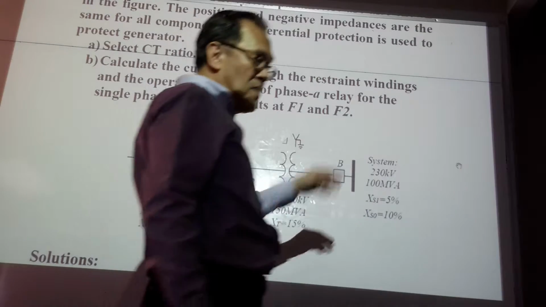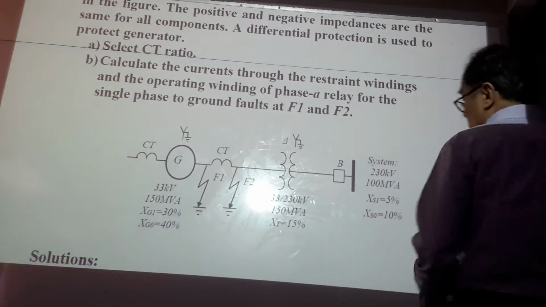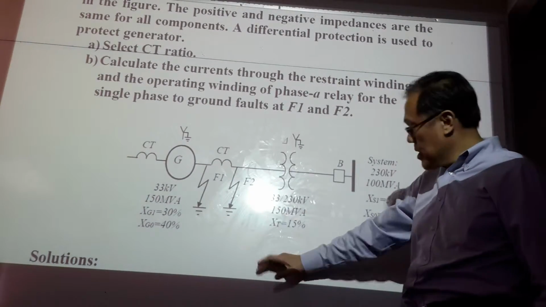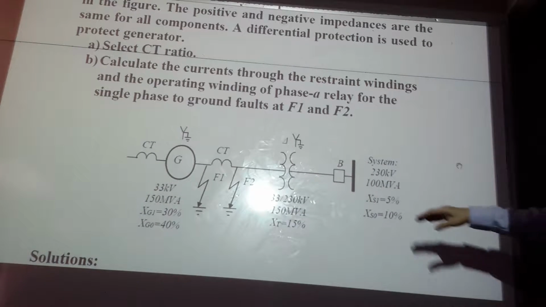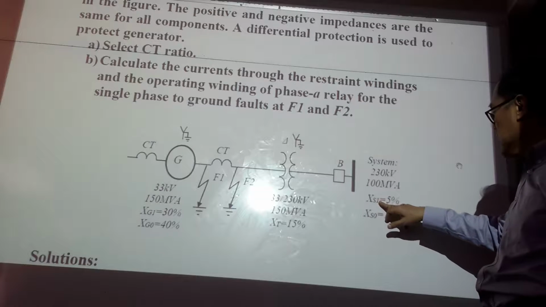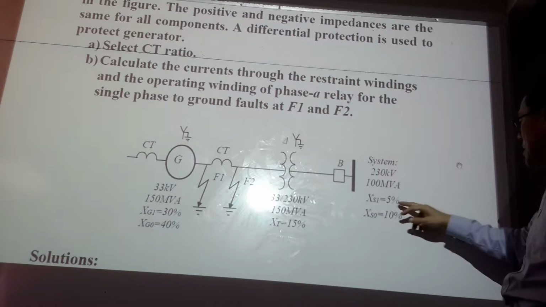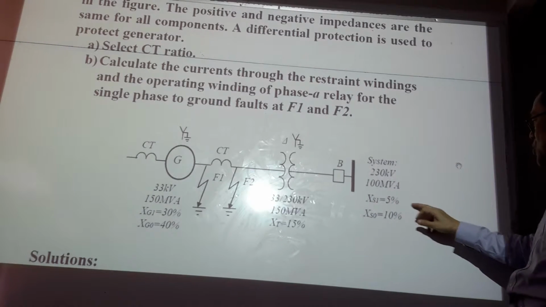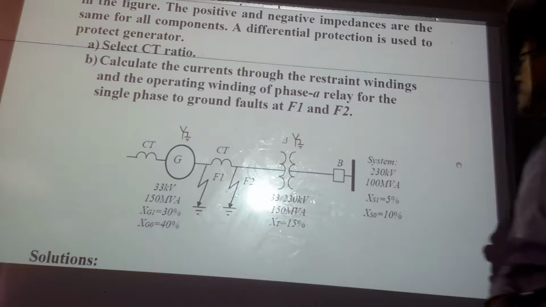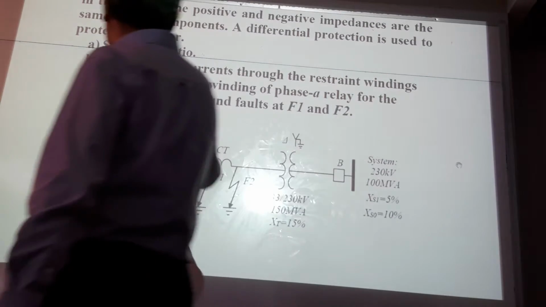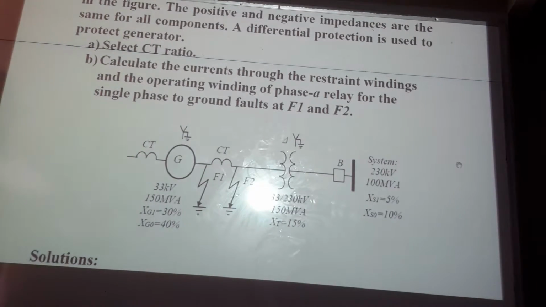So in other words here, for transformer, the positive, negative, and zero sequence all the same value, 0.15. It's always the case. And this thing is XS1, S for external system, is 0.05, then XS2 also 0.05. And this guy is 0.1. So keep that in mind. So this is how they specify all the parameters already.